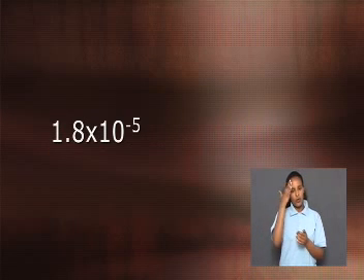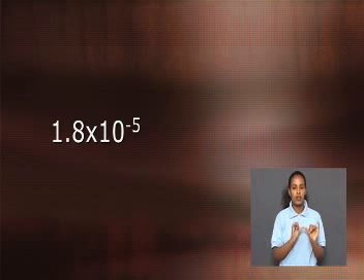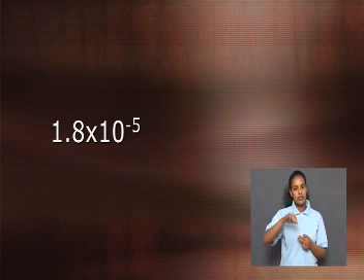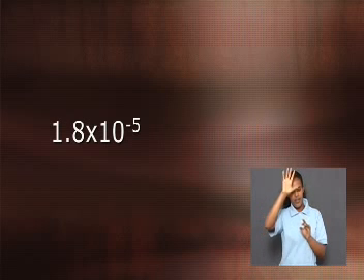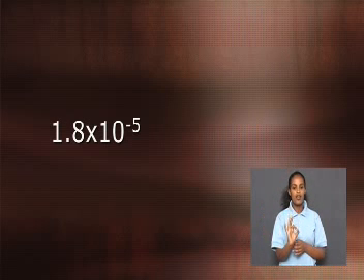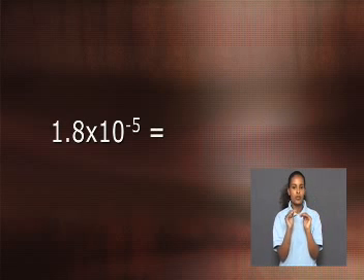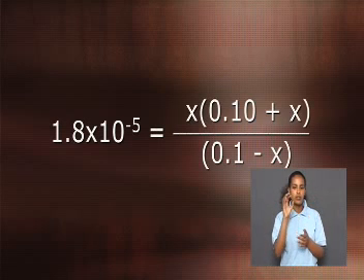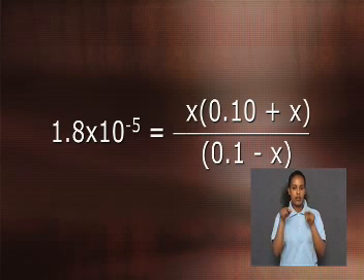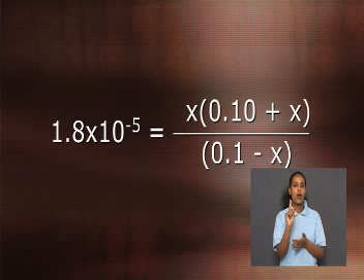We know that the acid dissociation constant of acetic acid is equal to 1.8 times 10 to the power of negative 5. Therefore, we get 1.8 times 10 to the power of negative 5 equals (0.10 plus x) times x, all divided by (0.10 minus x).